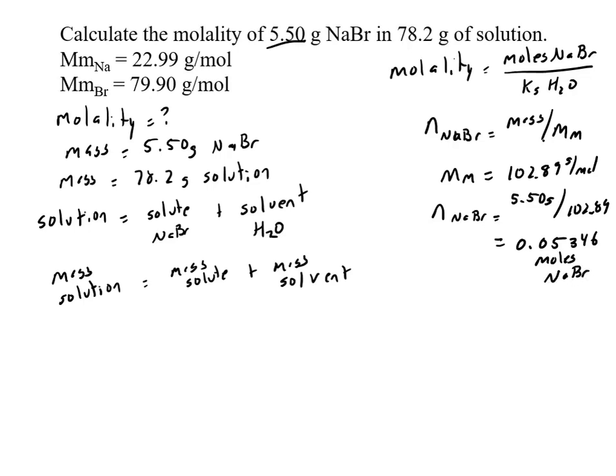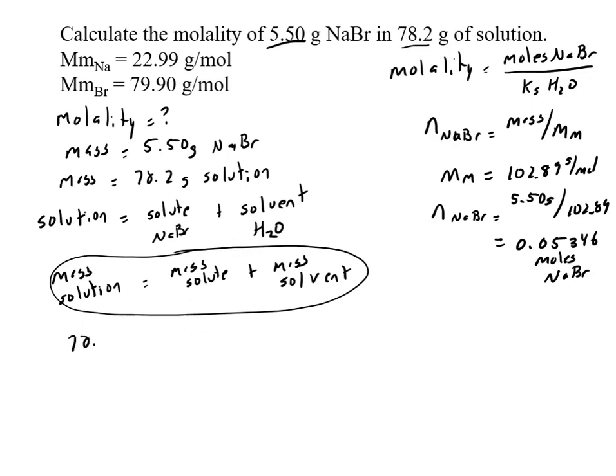Okay, now I have mass of solution here, and I just need mass of water. So I'm going to go back to this equation here, okay, to find that. So I have 78.2 grams. I have 5.50 grams as my solute, and the mass of water is what I don't know.